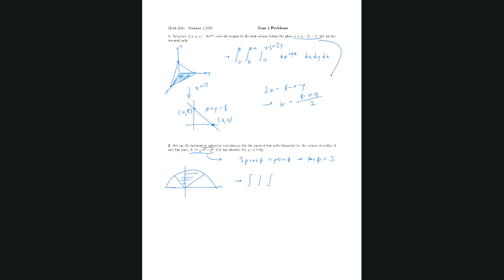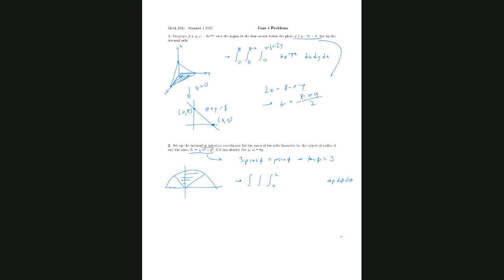Okay. So let's start with the limits, and then we'll deal with rewriting it. But I should put out here just so we know the order. So what are the limits for rho? 0 to 2. Because again, this is nice.